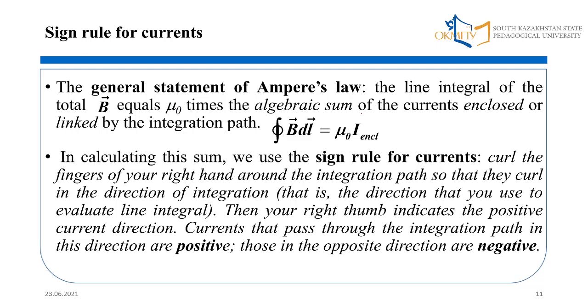The sign rule states: curl the fingers of your right hand around the integration path in the direction of the integration. Then the thumb of your right hand indicates the positive current direction.